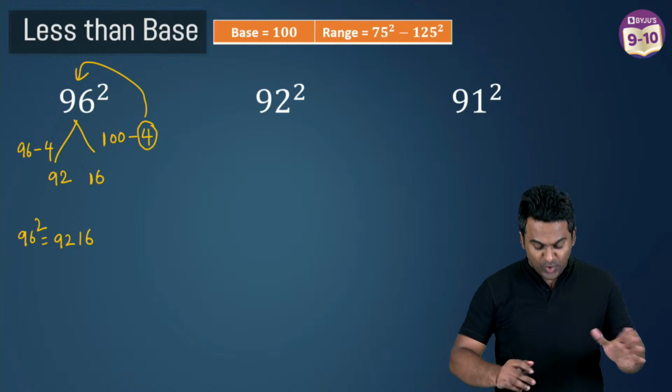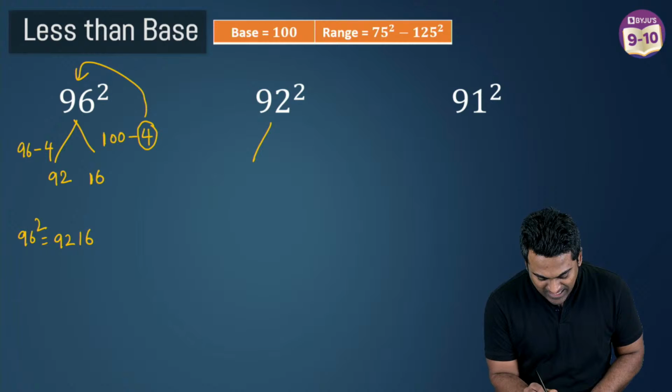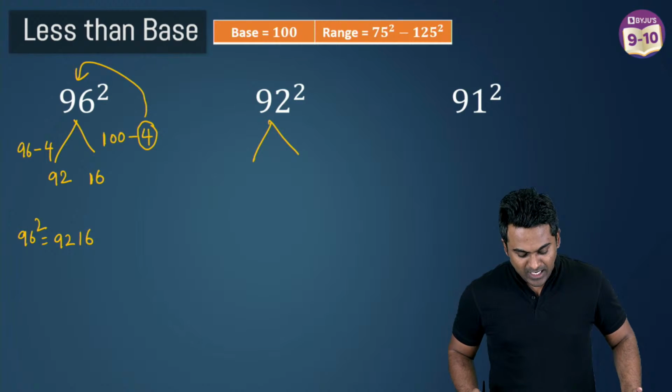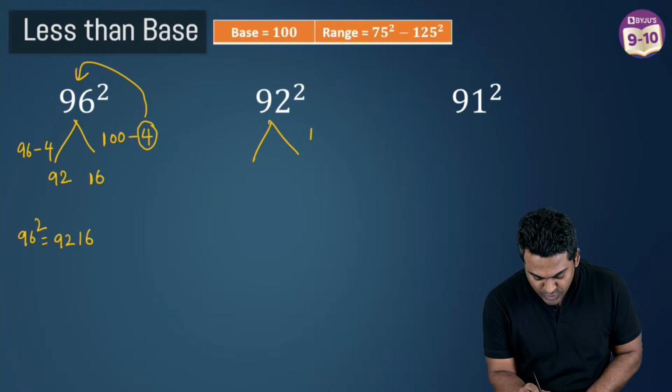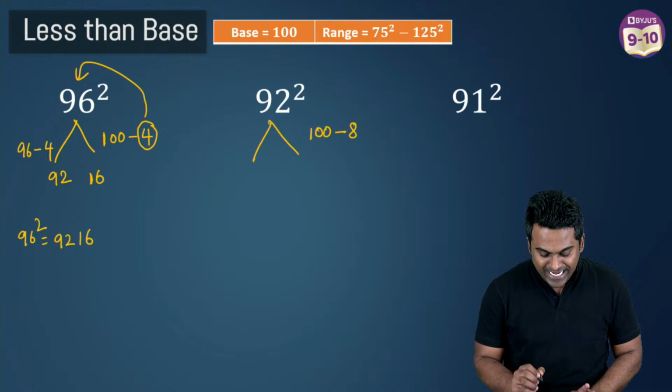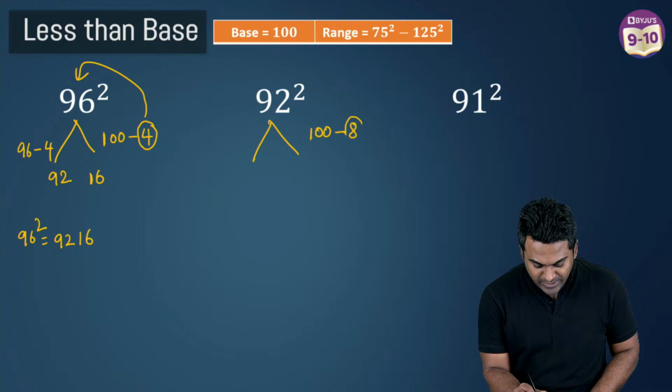All right, so let's move on to the next question now. I'm sure you guys will tell me the correct answer for this. So 92 square, 92 using the base of 100. How am I going to write that down? So this is going to be what? 100 minus 8. 100 minus 8 is how I get 92. First step remains the same. I will take the square of this.